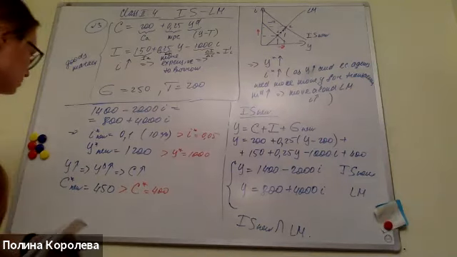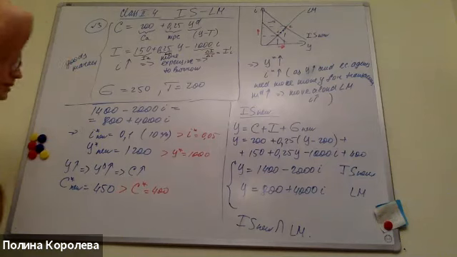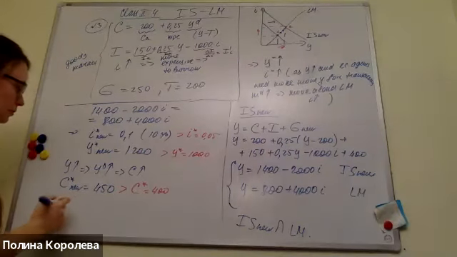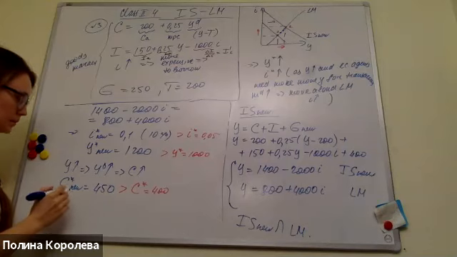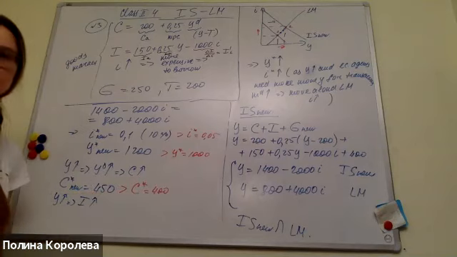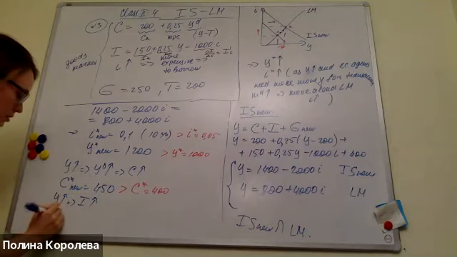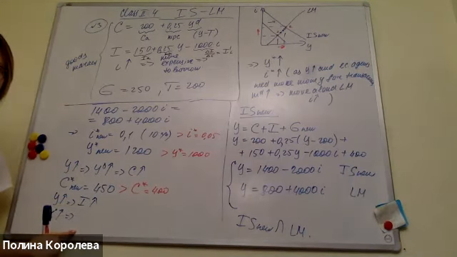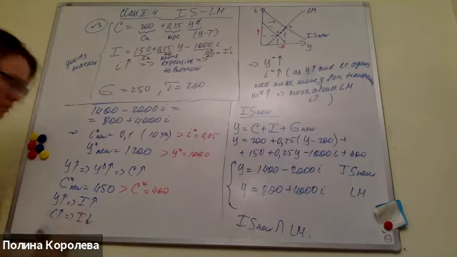But more interesting is investment. What is happening with investments? On the one hand, GDP increases, which means that investments will increase. But on the other hand, the interest rate also increases, and this will lead to less borrowing and investments going down.